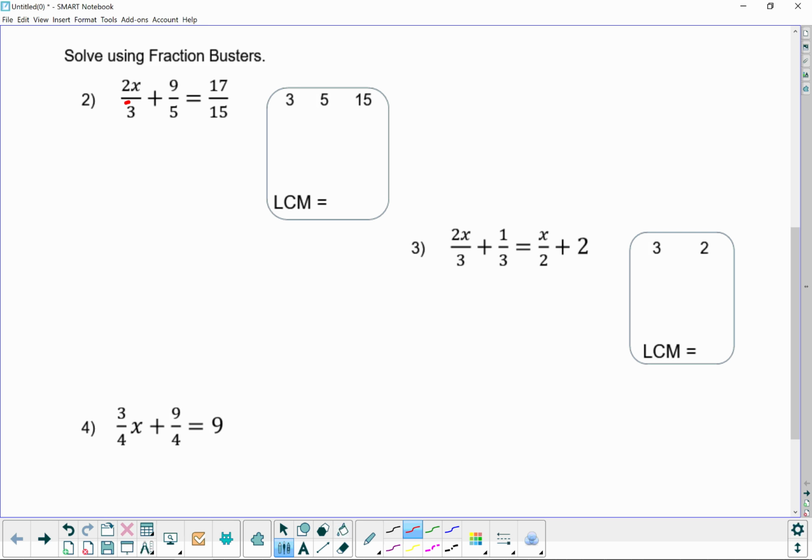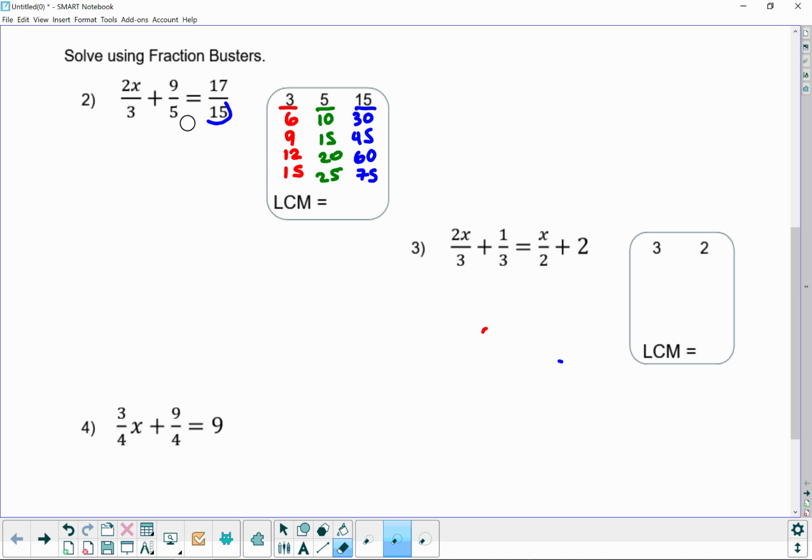Multiples of 3 are 3, 6, 9, 12, 15. Multiples of 5 are 5, 10, 15, 20, 25. And the multiples of 15 are 15, 30, 45, 60, and 75.